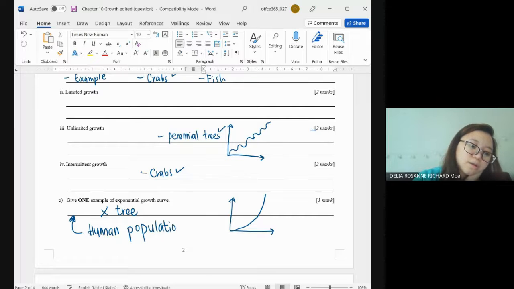Only the human population growth curve. Let me try to find population growth curve and try to put that in your picture.